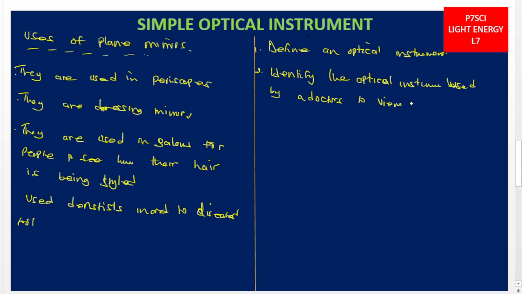Number three, state the difference between an oculist and an optician.